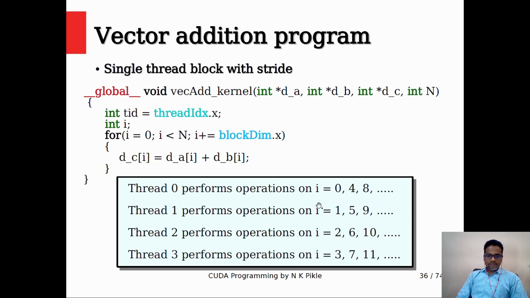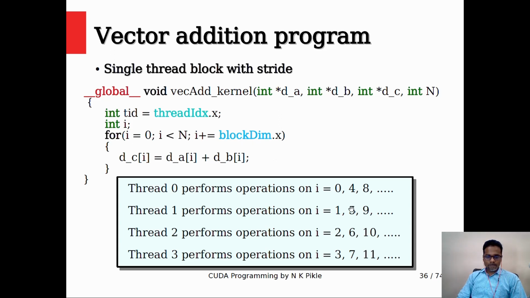Similarly, if I focus on thread 1 now, it will get tid equal to 1 because the ID of thread 1 will be 1, and it will start computing from i equal to 1. So it will perform c of 1 equal to a of 1 plus b of 1. Right? So we can see it is working on index 1. Then it will increment the index by 4.